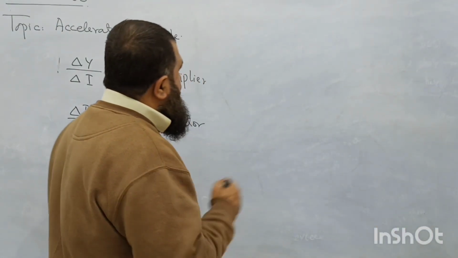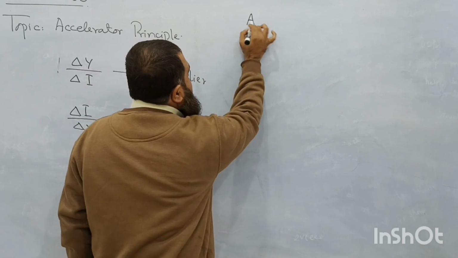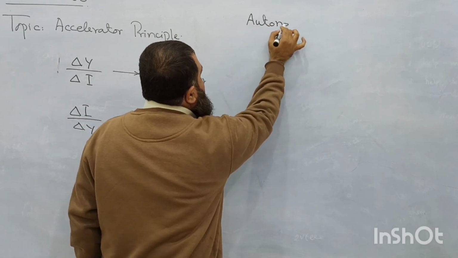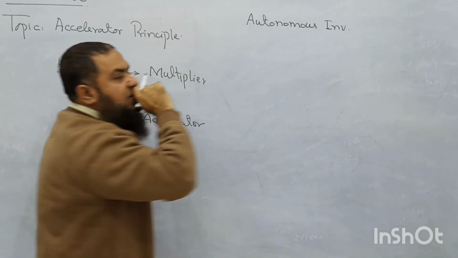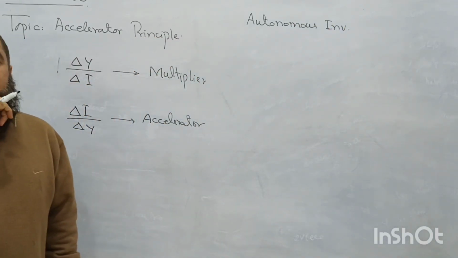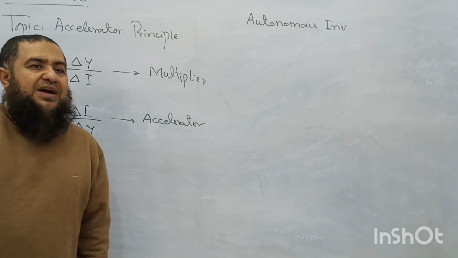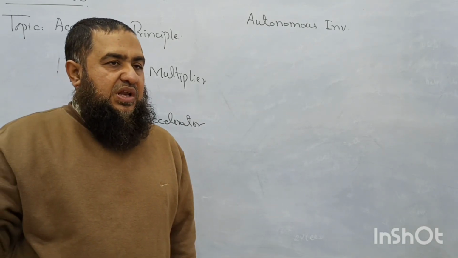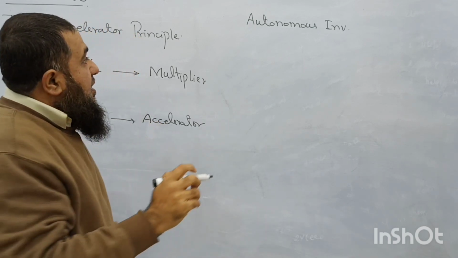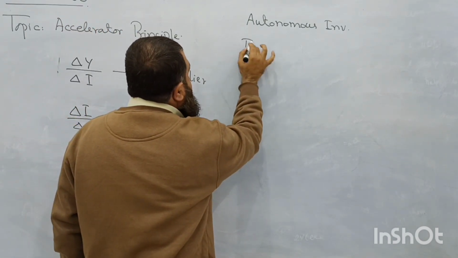Listen please, there are two main types of investments. One is called autonomous investment. You know what is autonomous investment? Which is independent of the level of national income. Clear? Now, what is induced investment?